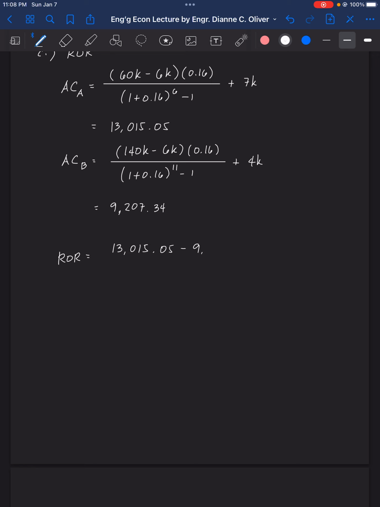So our ROR now is equal to ACA, or annual cost A, 13,015.05 minus 9,207.34, divided by the first cost difference, 140,000 minus 60,000, times 100.